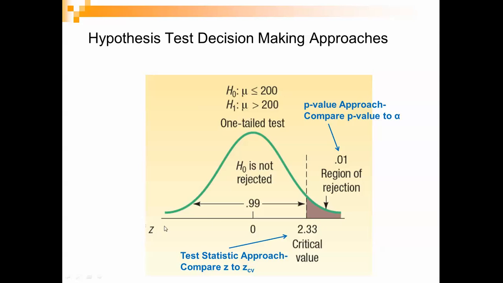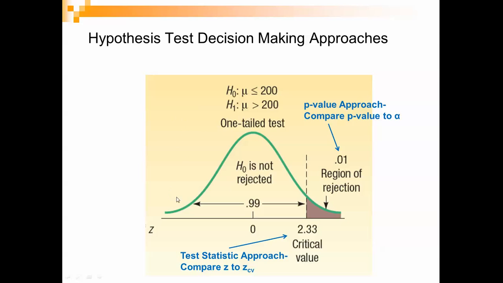This just happens to be a z distribution. We are seeing, are we in the rejection region or not? In the p-value approach, we're comparing the p-value to a significance level. And we say, if the p-value is low, then we reject the null hypothesis. If the p is low, the null must go.